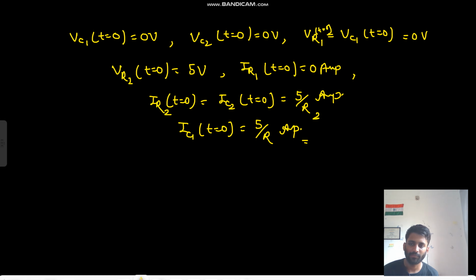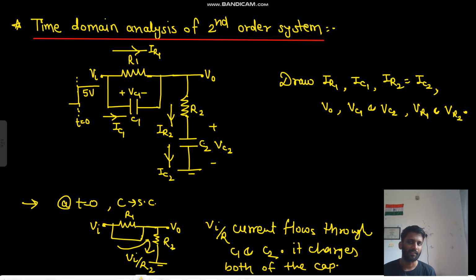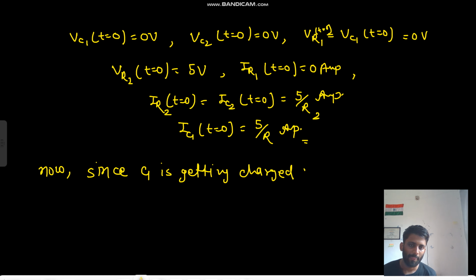Now, since C1 is getting charged, right? This C1 is getting charged, and because of that some voltage is developed. If C1 is getting charged, some Vc1 is developed.